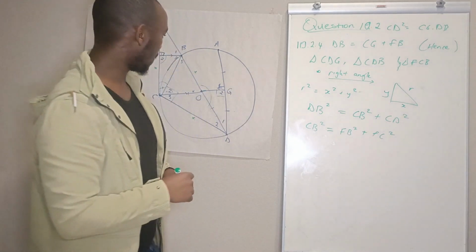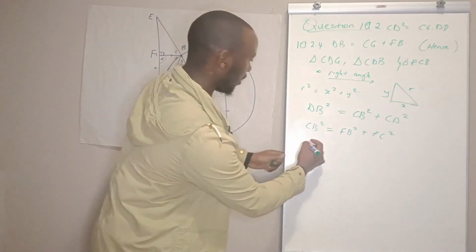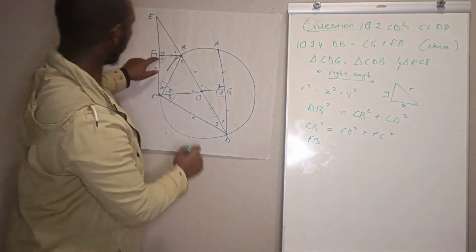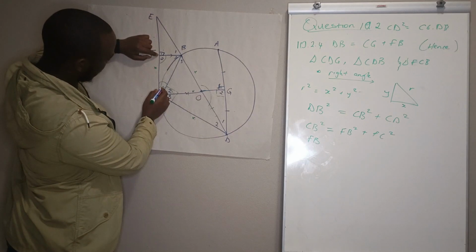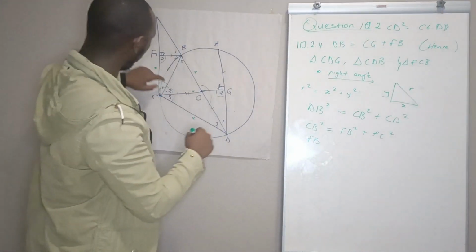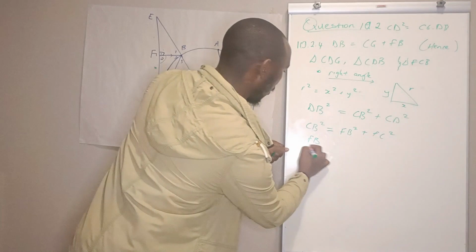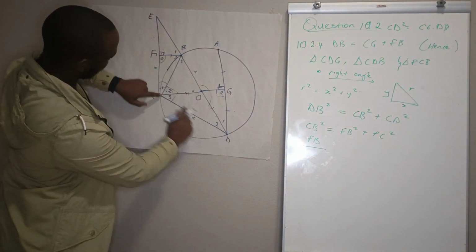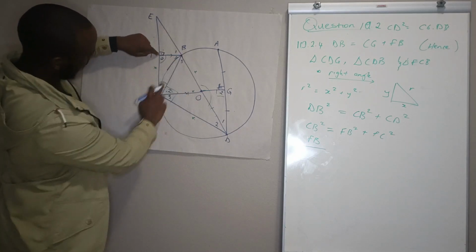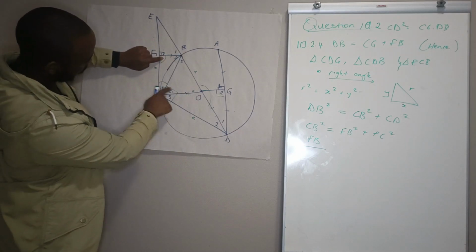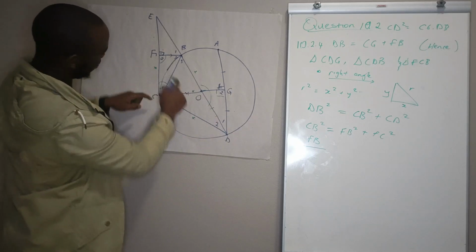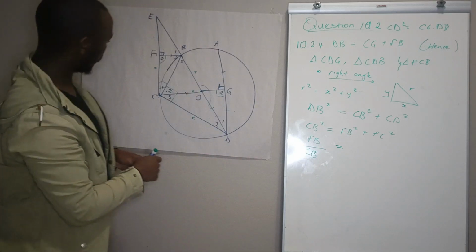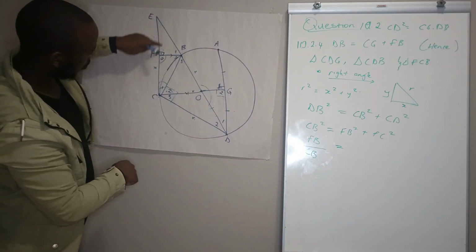We have proportionality. Proportionality, we know that FB, so we've proven this in our previous video. FB over, so you look at which side is that forming. So FB is here, so there's that angle here which forms part of this one. So FB divided by CB should be equal to, so now we go for CD.